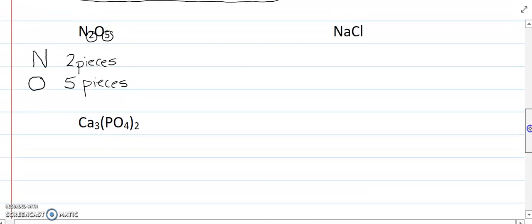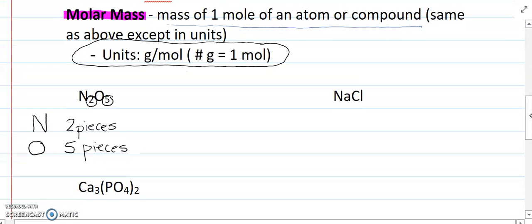Well, if I have a compound that's made up of 2 pieces of nitrogen, each piece of nitrogen then has a mass of 14.01. And each piece of oxygen has a mass of 16.00. So if I want to find the mass of the compound, I'm going to take 2 times the 14.01 to get the mass of nitrogen.